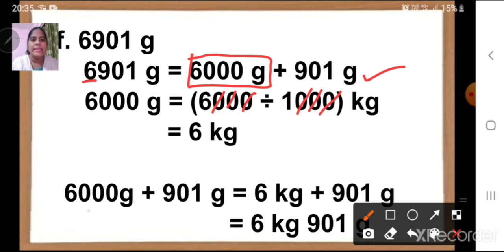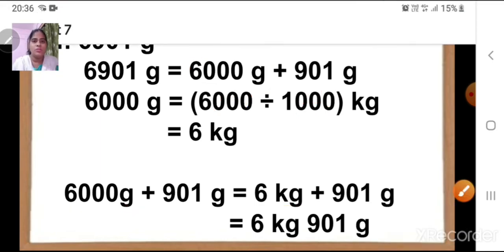After that we will write the expanded form and replace this 6000 gram with 6 kilogram, plus what is remaining, 901 gram. We will remove the addition sign and we will get our final answer, which is 6 kilogram and 901 gram. Got it children? Please note down.